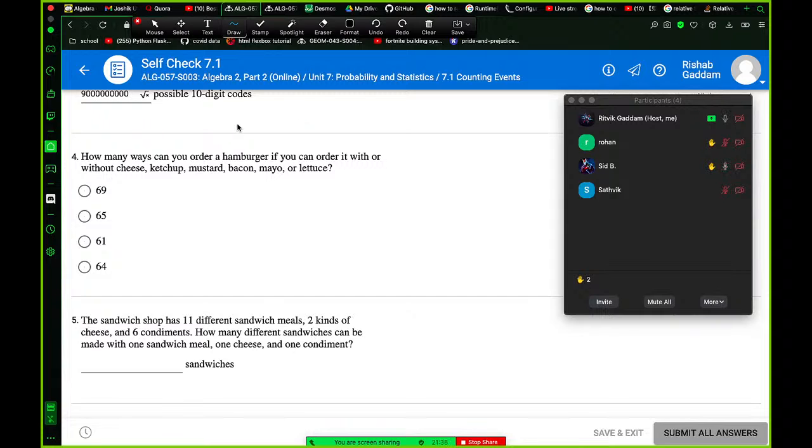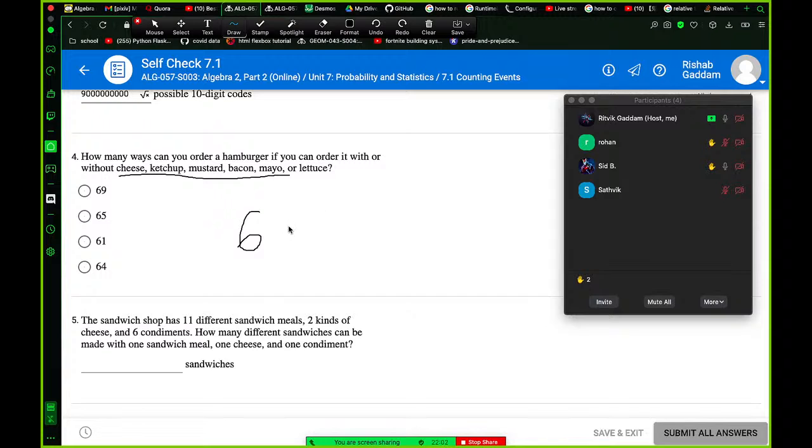Okay, so for this one, I think it's six. So first, you can use all of them, so that's 6. And then the next one, you do 5. So 6 times 5 times 4, like that.